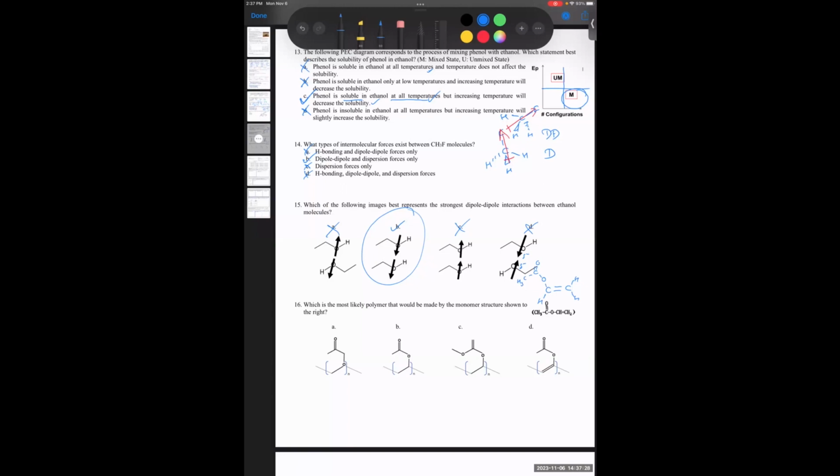Now, I prefer to draw it as a line structure because my answers are in line structures. If I make that a line structure, I'll draw it with an angle because it's easier to convert. Here's the double bond. Here's my 1, 2.